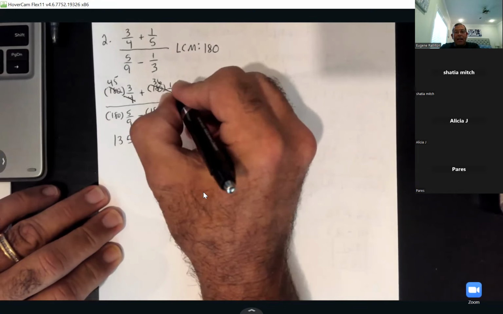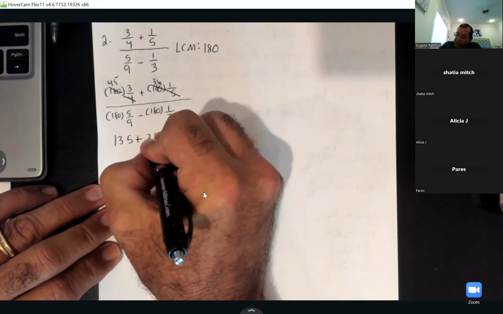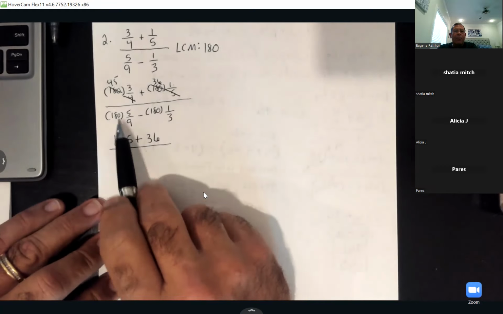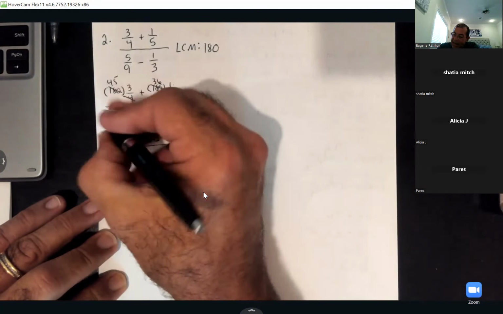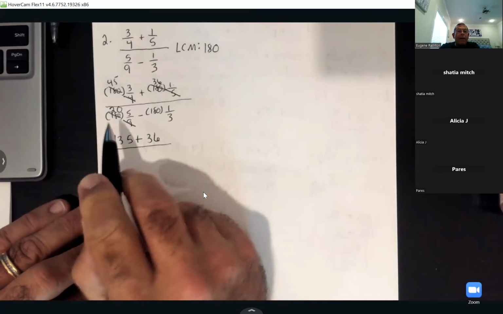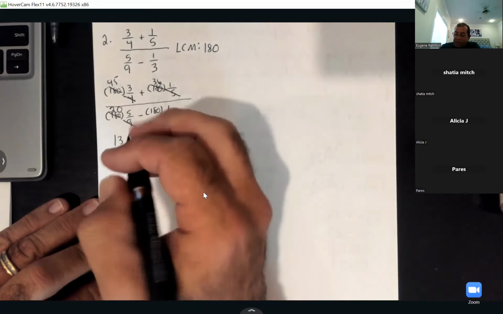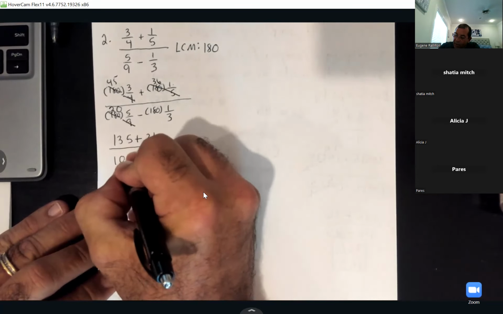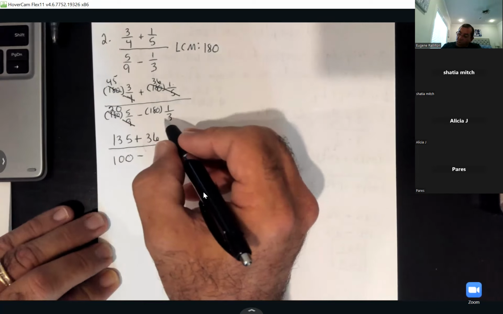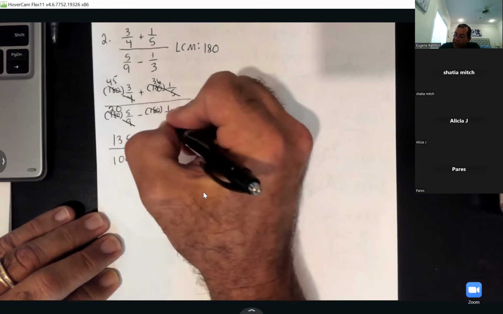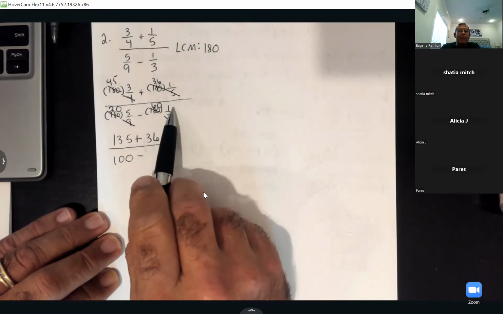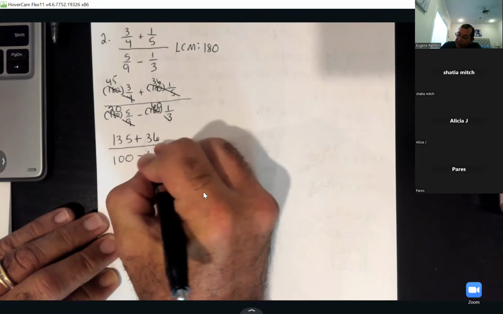And then 36 times 1 is 36. All right, on the bottom, the 180 will divide by 9, making that a 20. And that 20 times 5 gives us 100. And then that'll be minus, right here, the 180 divided by 3 gives me 60. And 60 times 1 gives us 60.